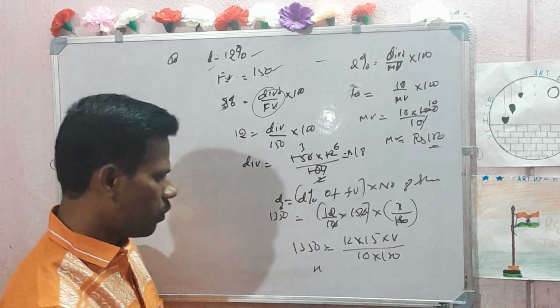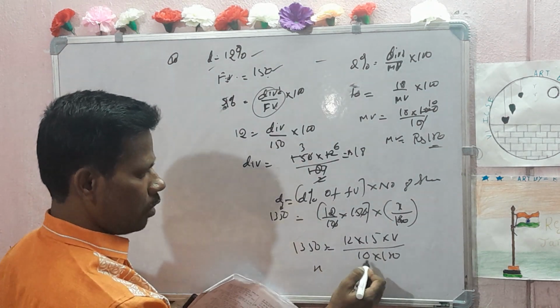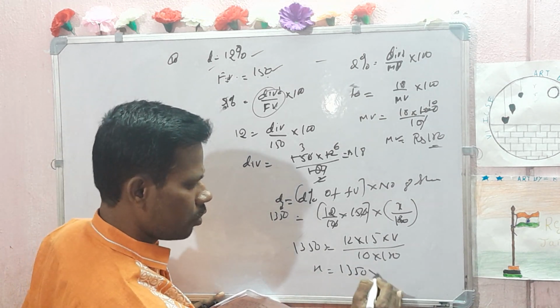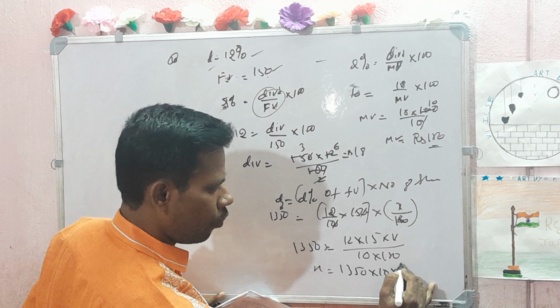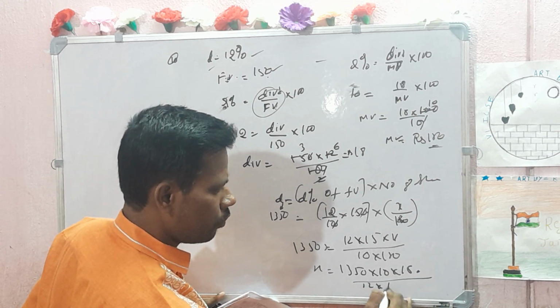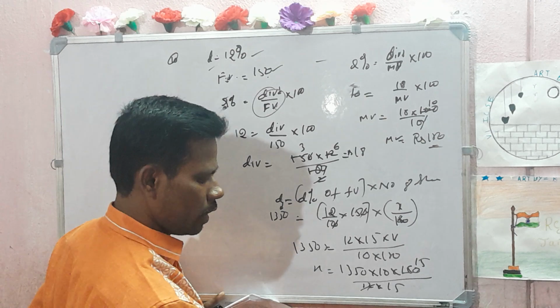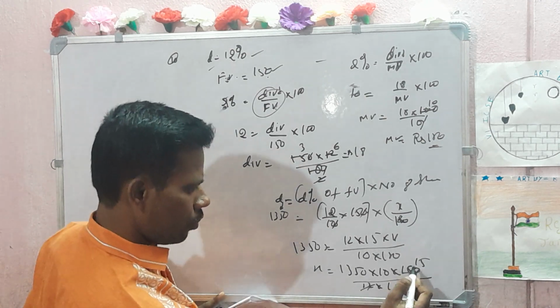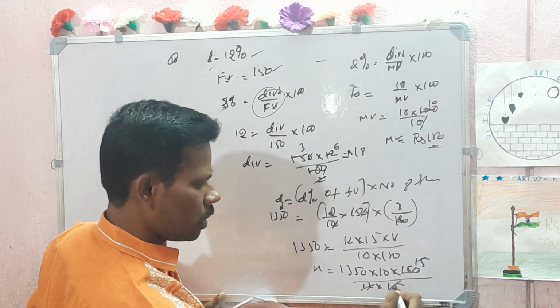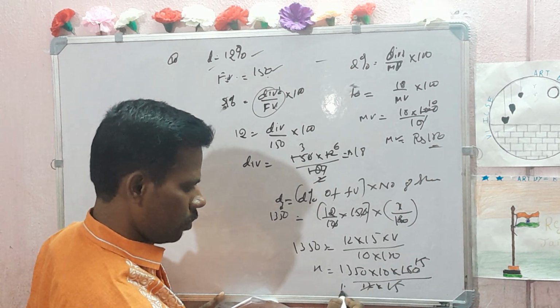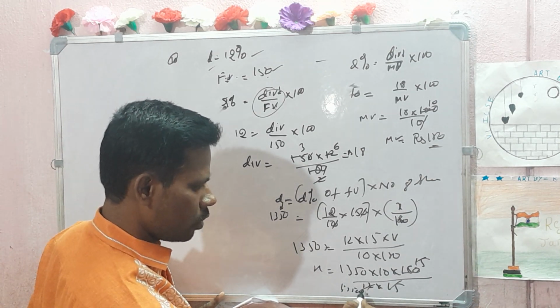From this you can calculate the X value if you want. X is equal to 1350 into 10 into 180 by 12 into 15. So 15 cancels with 180. 13,500. 13,500 is the answer.